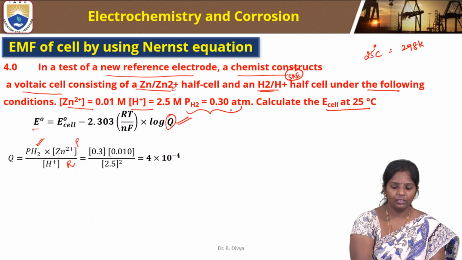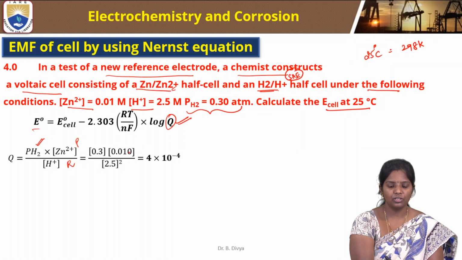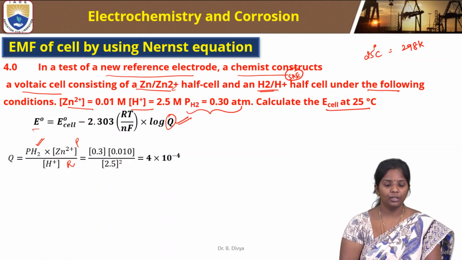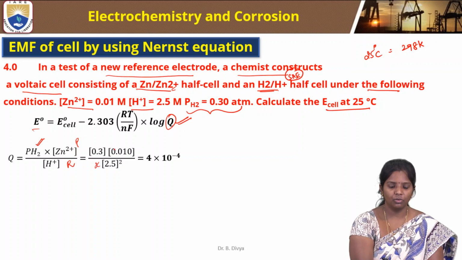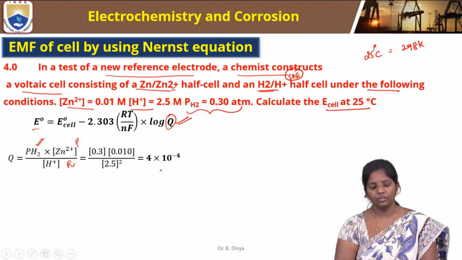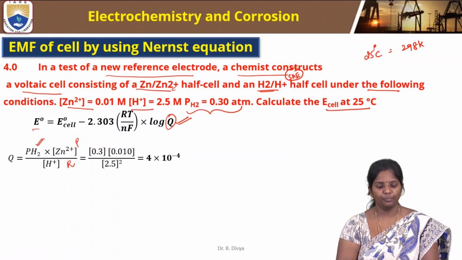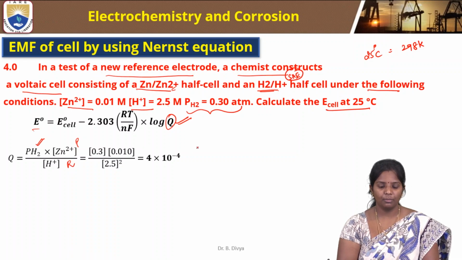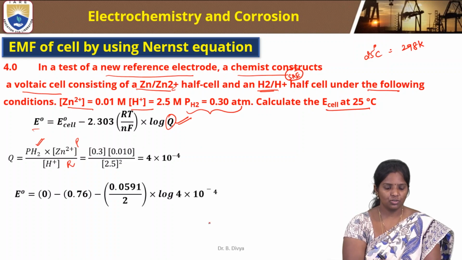So 0.3 atmospheres into 0.01 by 2.5 squared. Why are we squaring? Because 2 are involved here. So therefore we are squaring the 2.5 molarity. That will give rise to 4 into 10 power minus 4. Because it is a ratio, there is no unit for this. So 4 into 10 power minus 4, and we will be substituting that here.